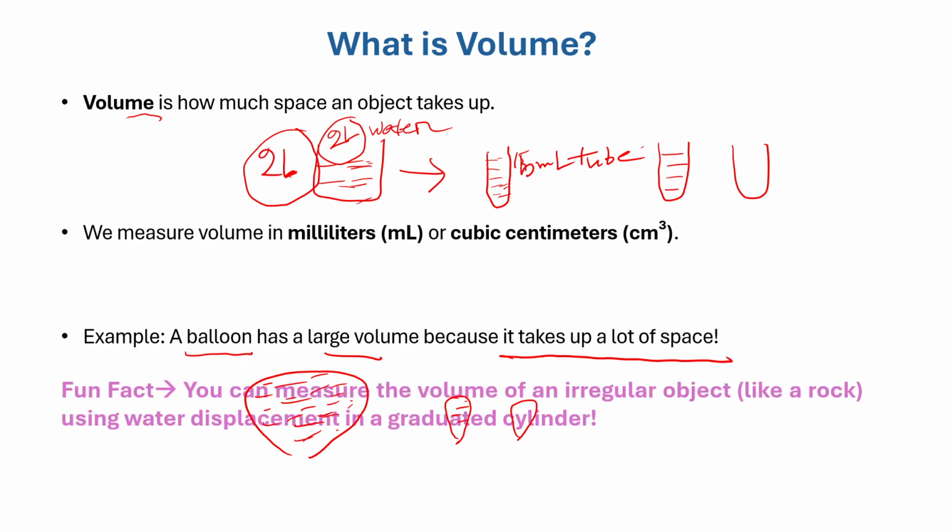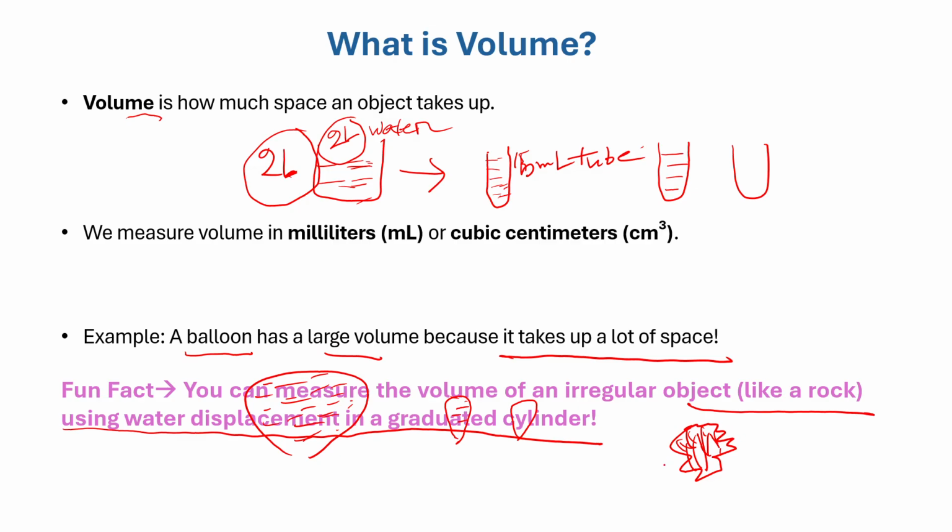So a fun fact would be, you can measure the volume of an irregular object like a rock using water displacement in a graduated cylinder. So for example, if you have a rock which has an irregular shape, something like this, and you want to measure the volume of this, this is a fun experiment you can do.